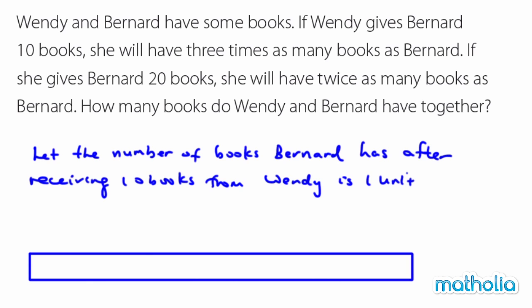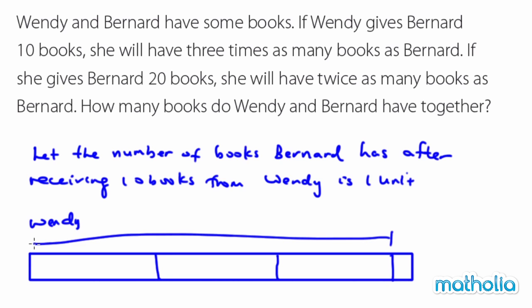Alright? 1, 2, and maybe something like 3. Now, this is my Wendy block, and Wendy, we're looking at 3 units. Alright? Plus a 10 here.